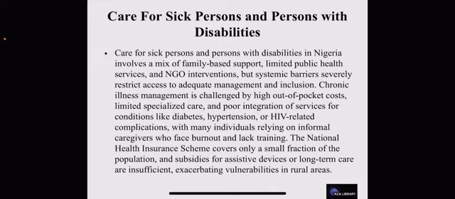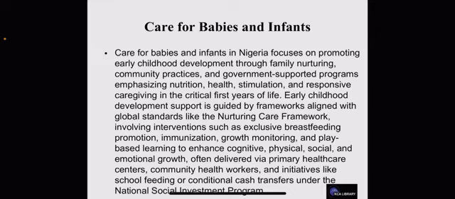They are just trying. The National Health Insurance Scheme covers only a small fraction of the population, and subsidies for assistive devices or long-term care are insufficient, which exacerbates vulnerabilities in rural areas. So the people who suffer from this lack of proper formal settings for care for persons with disabilities are mainly those in the rural areas.